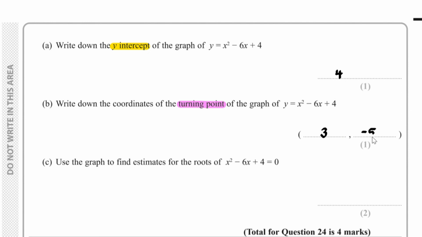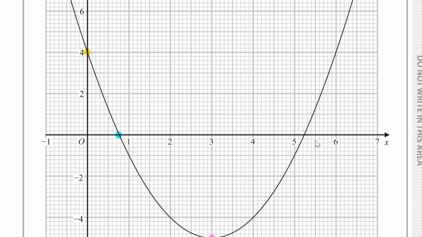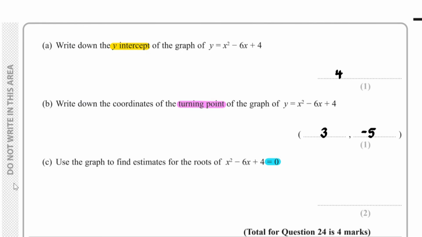Then, using the graph, we have to find estimates for the roots of the equation x squared subtract 6x plus 4 equals 0. Well, where we are looking is where the graph equals 0. It equals 0 here, and it also equals 0 here. So, you can see then, those values, we've got x equals 0.8 and also x equals 5.2.